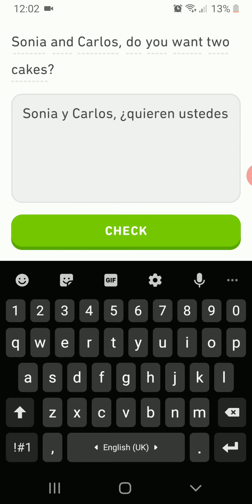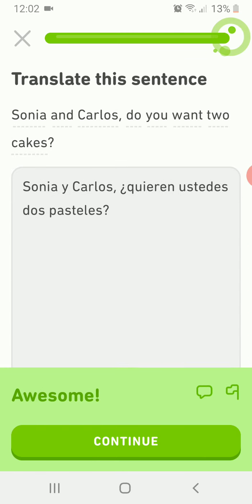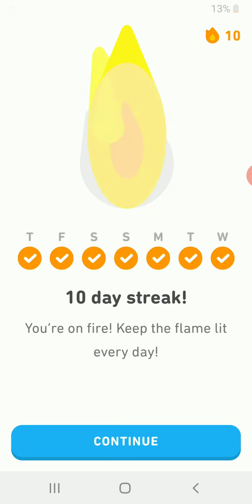I still want to use this ustedes. And what should I say? Dos, it's two, and pasteles. So usually this pronoun here is not really needed, but you see, if you want to be fancy, you can.